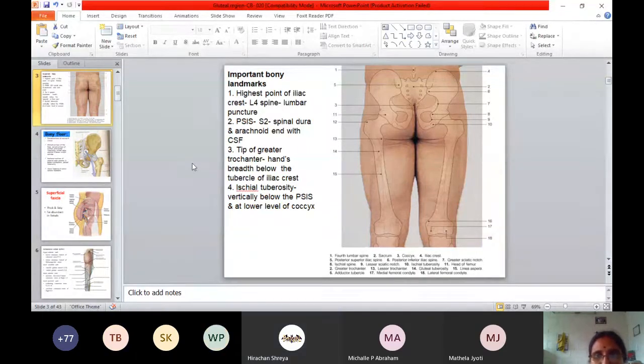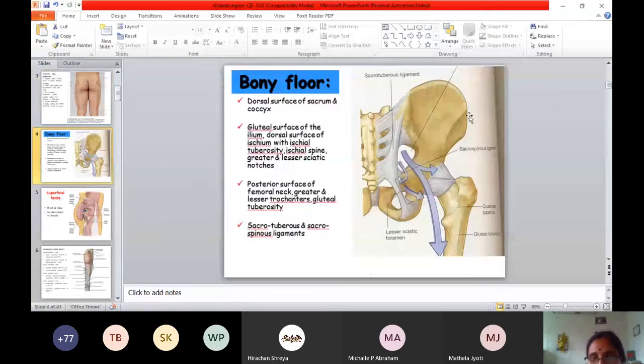So the bony landmarks are anterior superior iliac spine, posterior superior iliac spine, spinous process of sacrum, coccyx, ischial tuberosity, greater trochanter. Now, what are the bony floors? Ilium, ischium, sacrotuberous, sacrospinous, sacrum, coccyx.